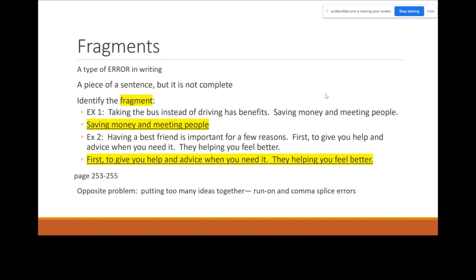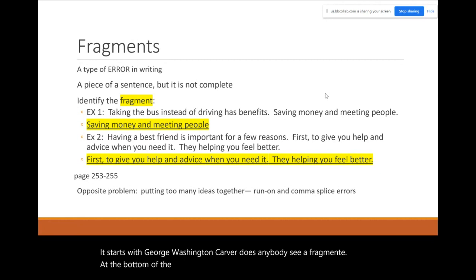It starts with George Washington Carver. Does anybody see a fragment at the bottom of the page? Anybody find it? I think after Leonardo da Vinci. What did you say, Sammy?